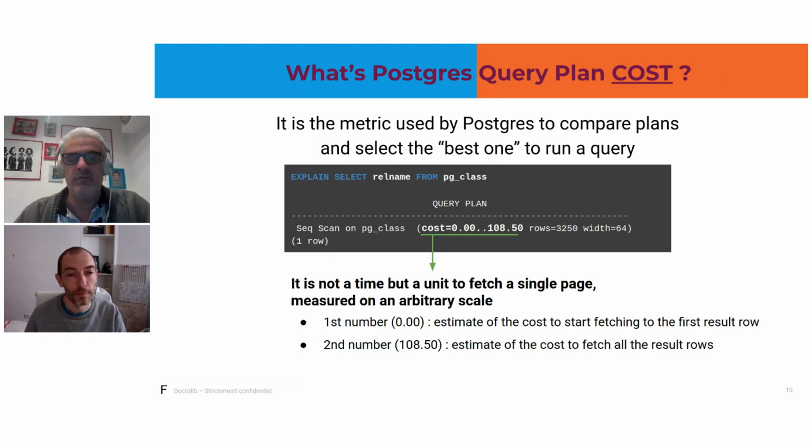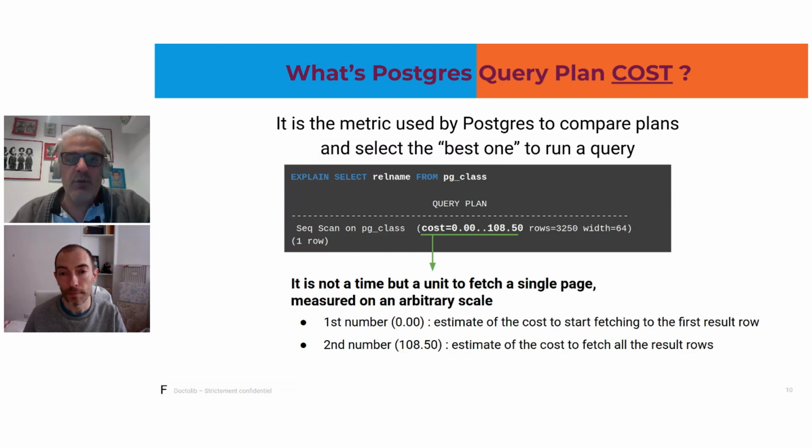If we make a small program in any language you want to read 8 kilobytes of data from the disk, in Postgres, that's what we call 1. So if I have to scan 10 pages, the cost will be 10. That's how Postgres decides the cost. And there are some other different costs that we'll see in the next slide.